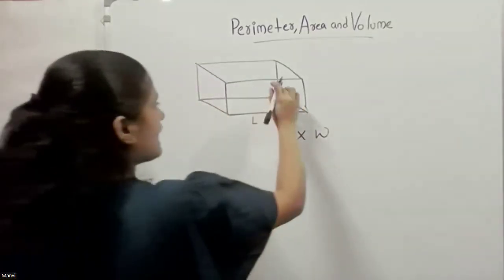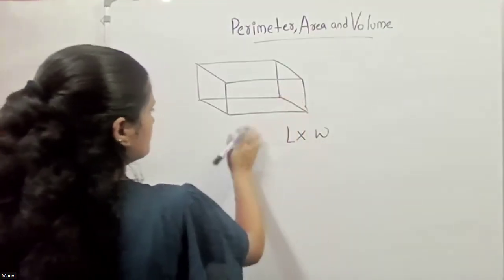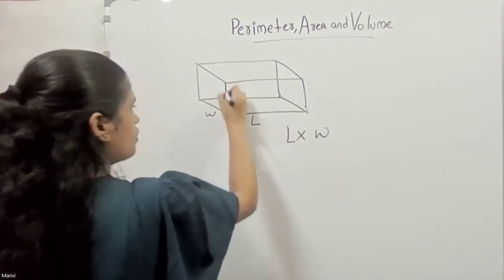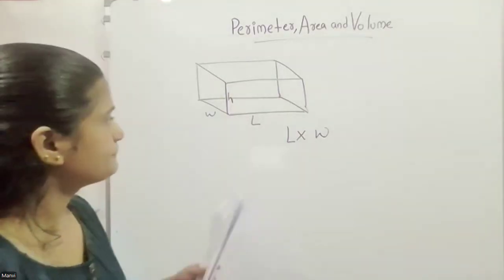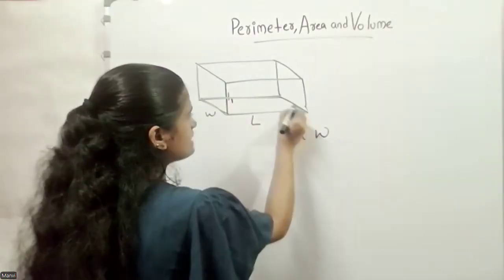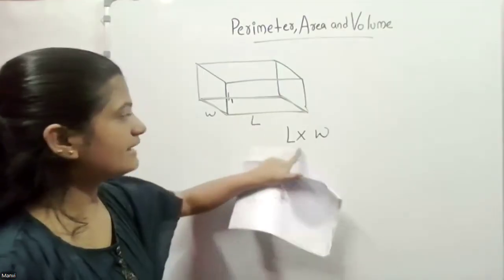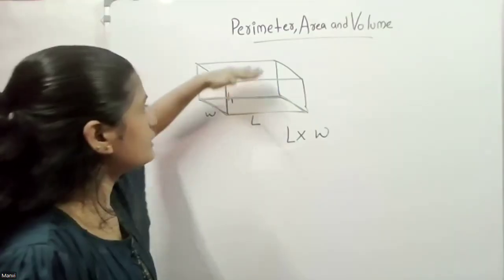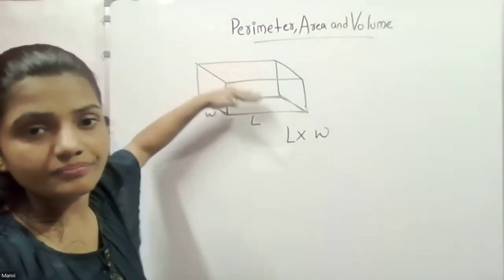But we have one more thing, which is the height. Okay? So this area, the bottom face, looks like a rectangle. So area will be length into width. And Kavya, you agree? The bottom and top always look the same.